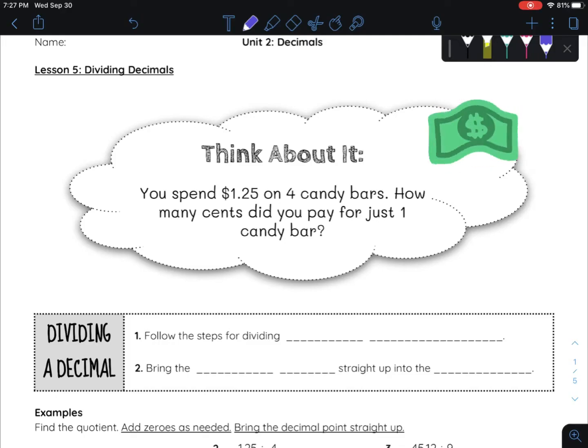If you spend $1.25 on 4 candy bars, how many cents did you pay for just one of those candy bars? In other words, if you take your 125 cents that you spent on candy and split it into 4, how many cents did you pay?